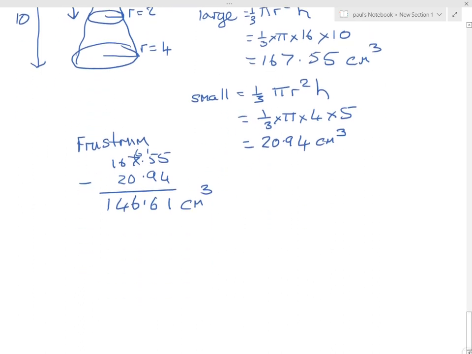So now we look at something that they might add on to you. If you have a cone like this, and up the top you've got a little one there, so you've got a radius there and a radius there.